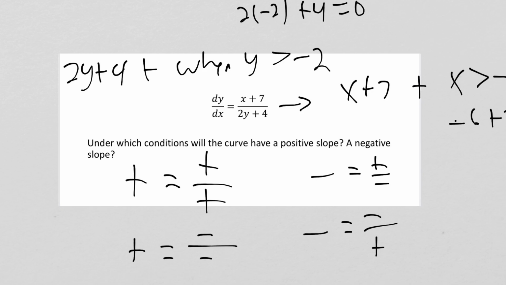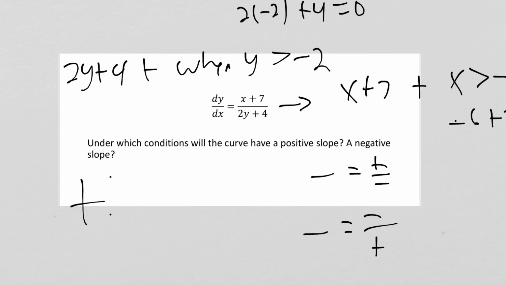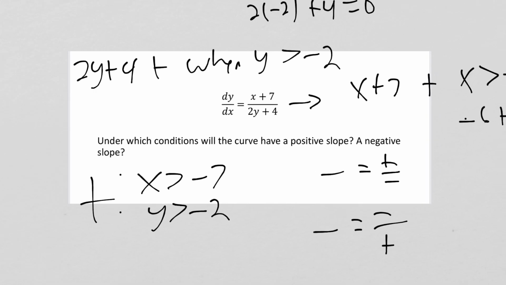So under which conditions will this slope be positive? Well, one condition is when x is greater than negative 7 and y is greater than negative 2. Okay. So that's what's going to give us the positive divided by the positive.